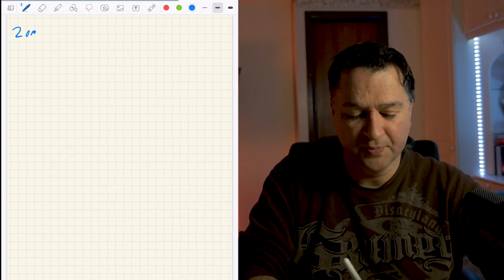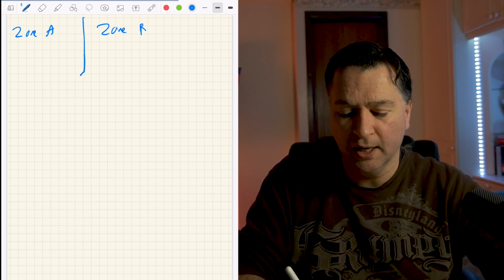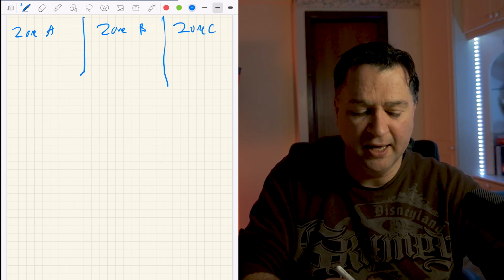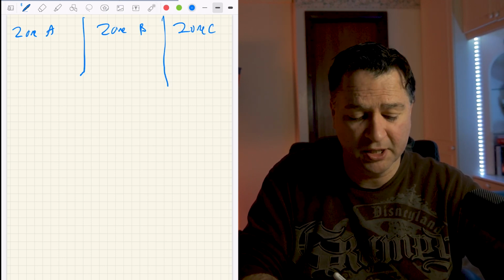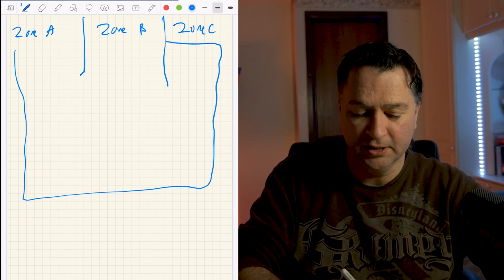Let me explain what I mean. If we get the iPad out and draw this up, let's imagine we've got 3 availability zones. Let's call this zone A, and we will have zone B, and we will have zone C. Essentially we would want our Kafka cluster to spread across all 3 availability zones.